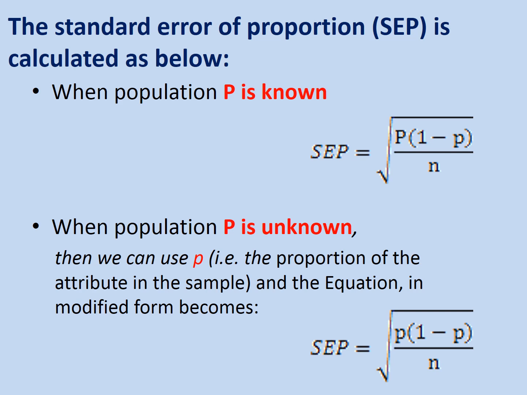And if we don't know the population proportion, that is capital P, we can replace capital P with a small p, meaning the proportion of persons with hypertension in the sample, instead of the whole Loni town. This is a very common situation when you go for research: you do not know the proportion of hypertensive persons in the whole population.